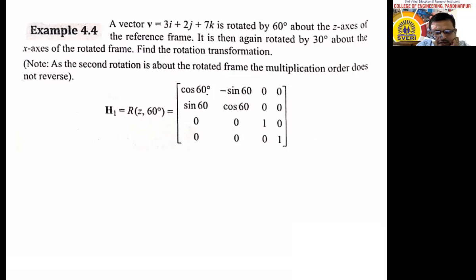Note, as the second rotation is about the rotated frame, the multiplication order does not reverse. Therefore, h1 of Rz60 is equal to cos 60, minus sin 60, 0, 0; then sin 60, cos 60, 0, 0; then 0, 0, 1, 0; then 0, 0, 0, 1.